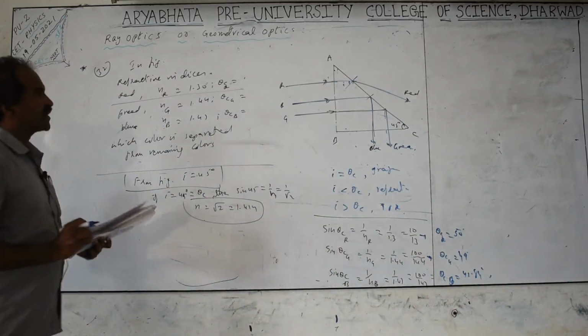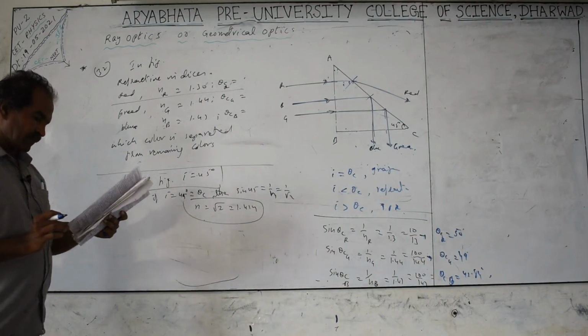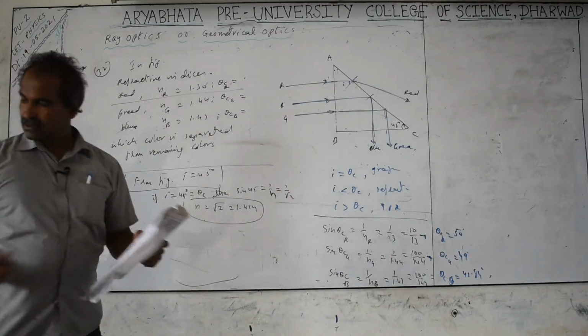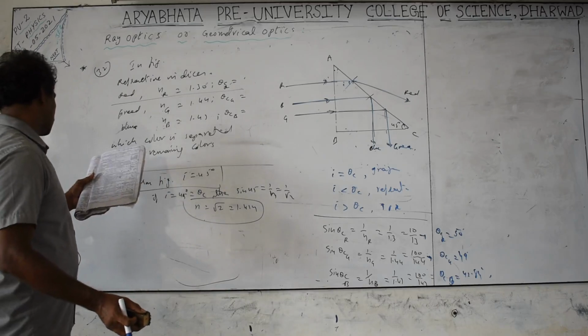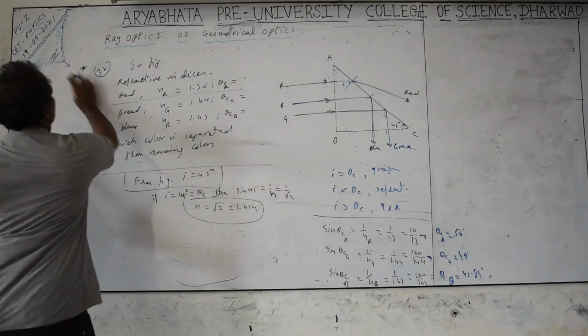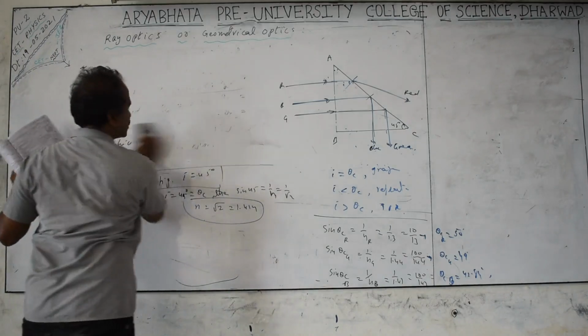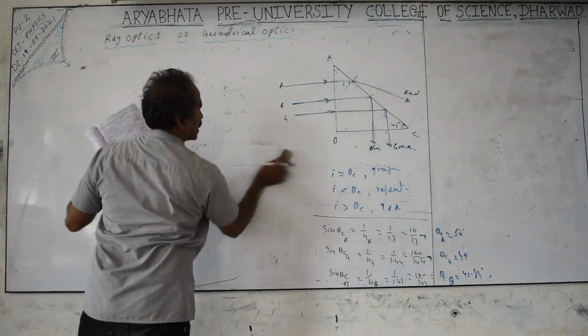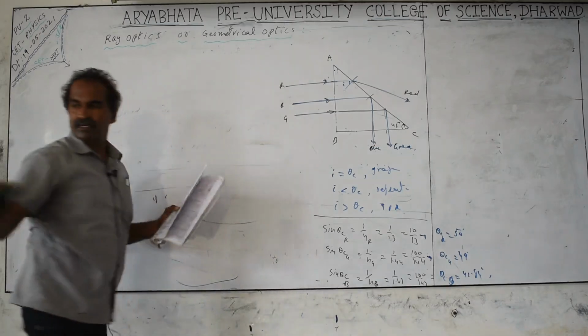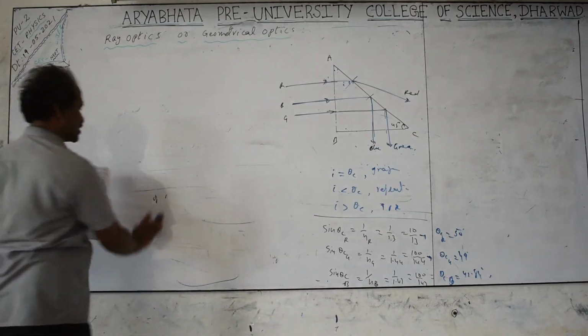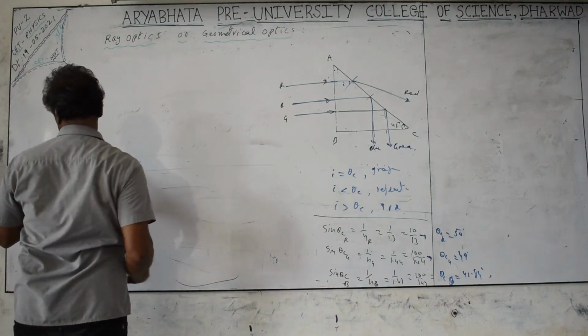Only red will be separated from the remaining two, that you have to remember. Next, question 24. This is basically a concept question but a very important one. This diagram problem may be asked for CET also, previously asked once I think, but you must be able to work it out whether CET asks or not.